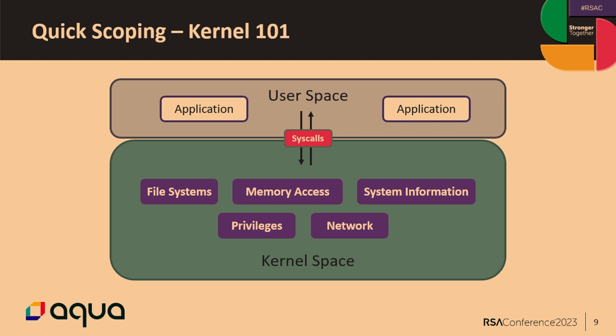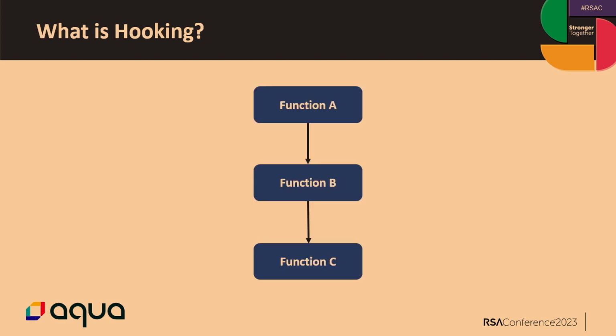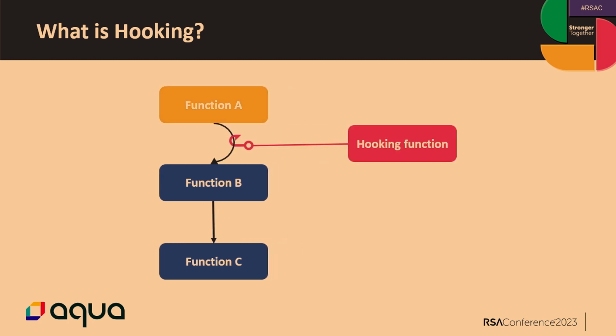OK, so now that we've seen what the server looks like, we want to monitor what happens there. And we're able to do so with a concept named hooking. So what is hooking? Hooking is the action of attaching oneself between two functions, and by that, gaining the execution flow and the execution context to itself.